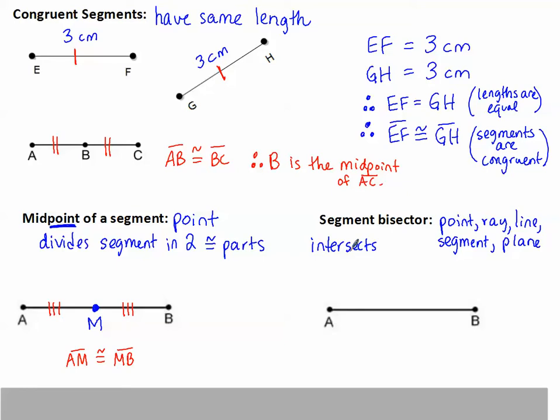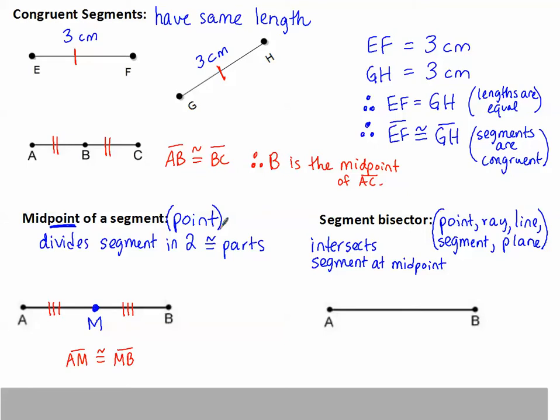The segment bisector intersects the segment at its midpoint. That's what a segment bisector does. That's very much like a midpoint, except a midpoint is just a point.